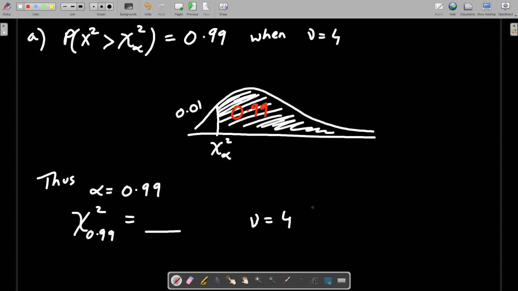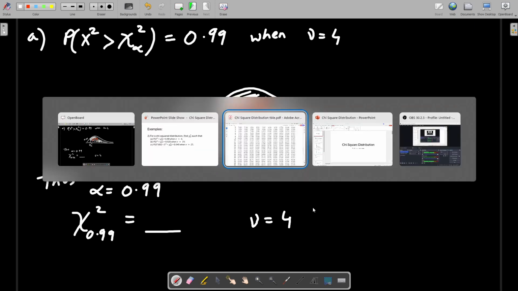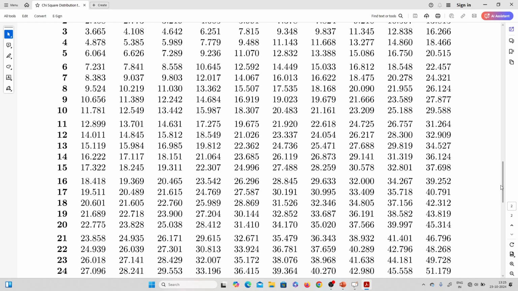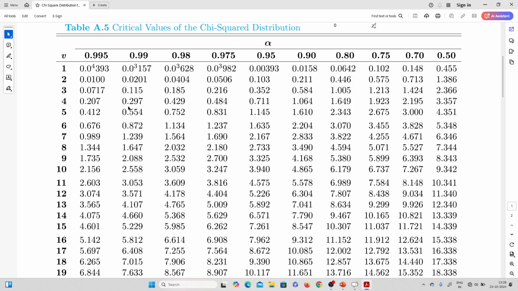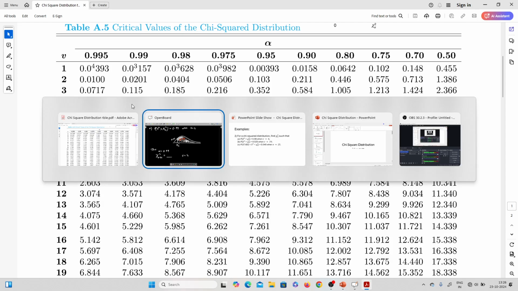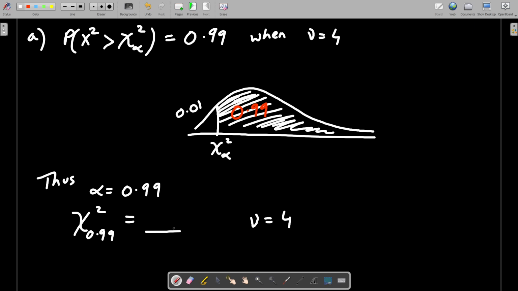Let us go to the table. 0.99 for 4 degrees of freedom. So this is going to be 0.297.